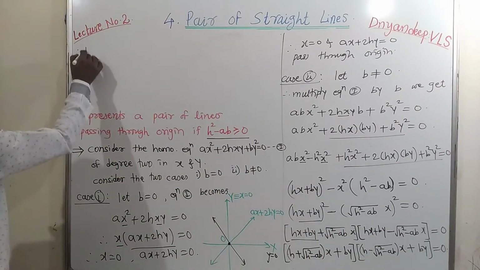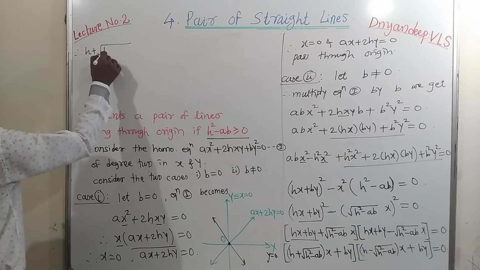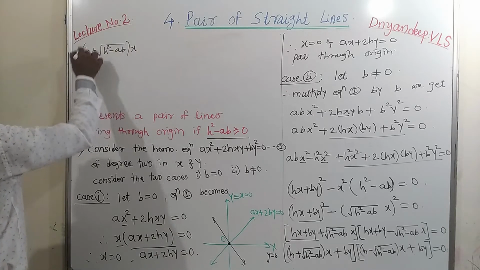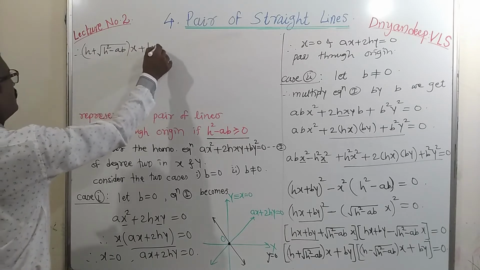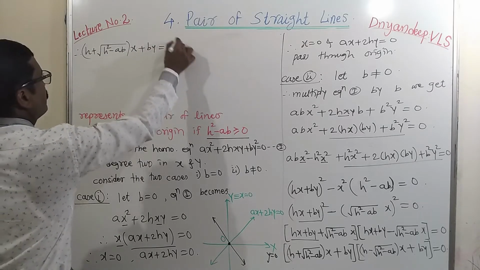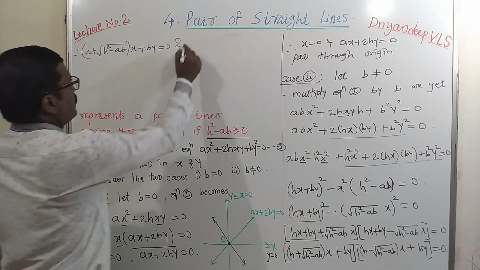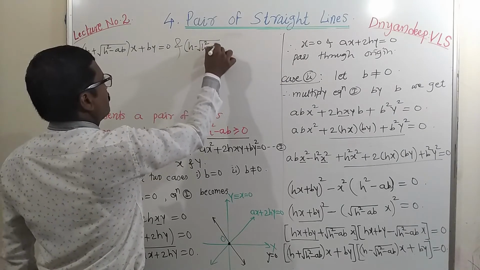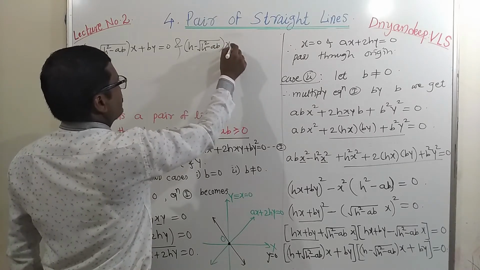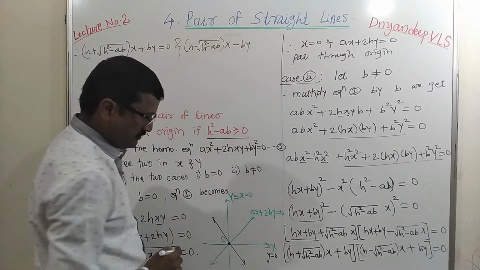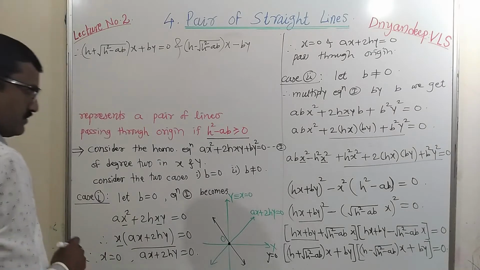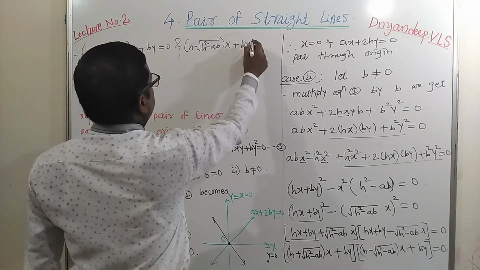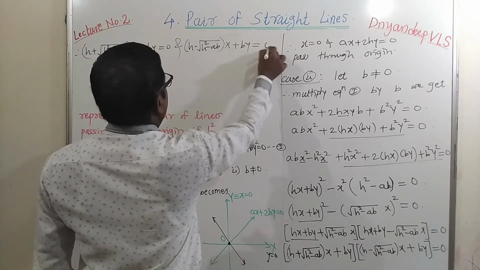Therefore h plus under root h square minus ab into x plus by equal to 0, and h minus under root h square minus ab x minus by, sorry, here h plus and here is plus same, equal to 0.